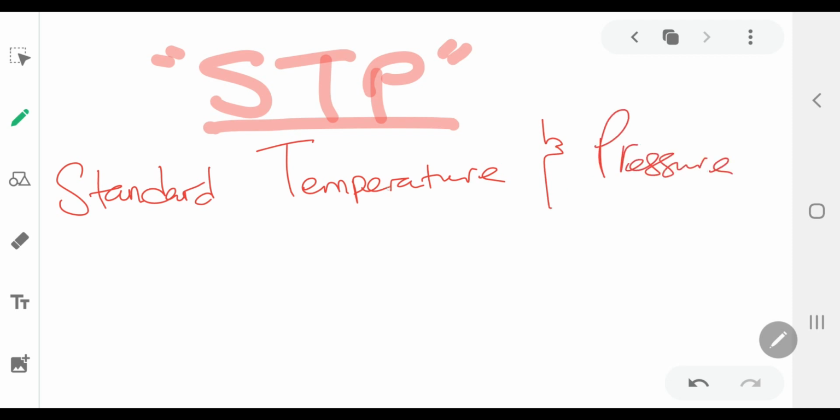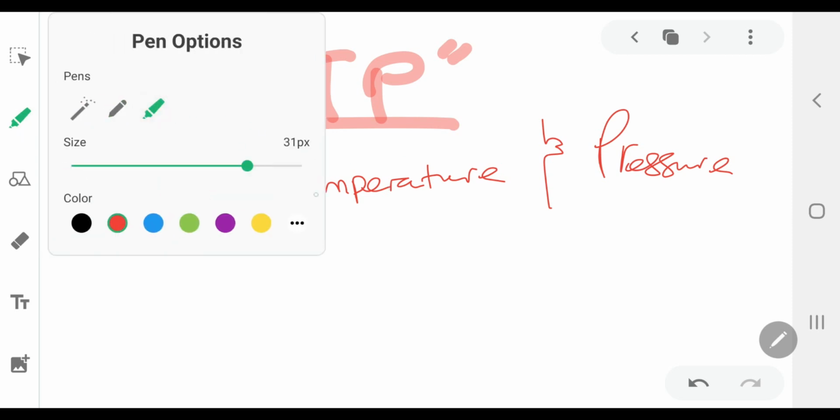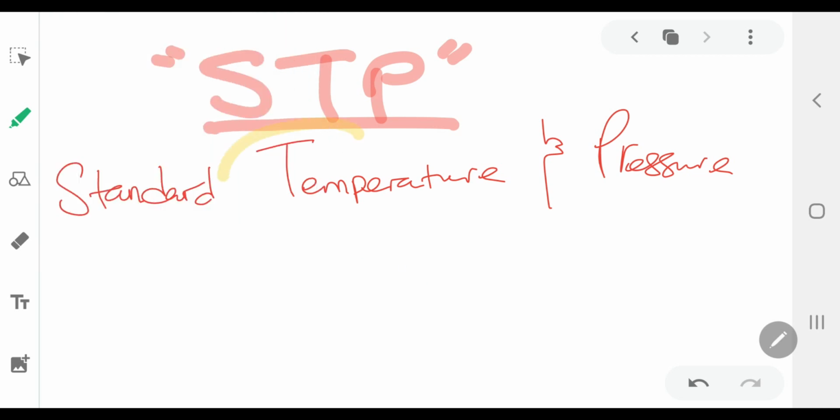So when you see this piece of information given to you in the question, you need to automatically think that the temperature at standard would be 0 degrees Celsius.